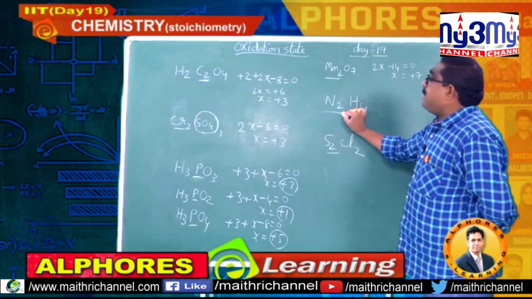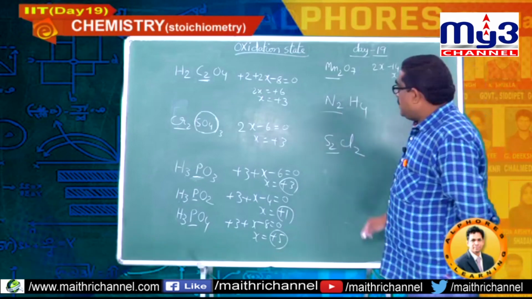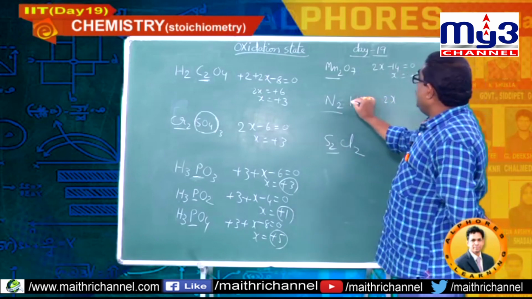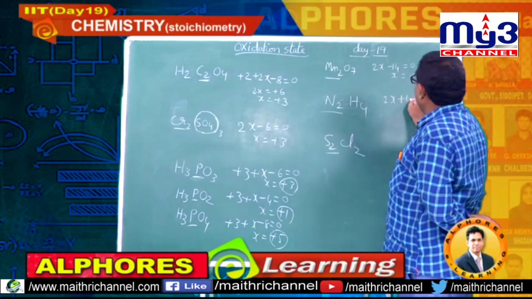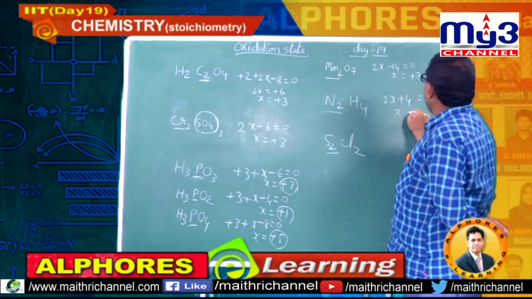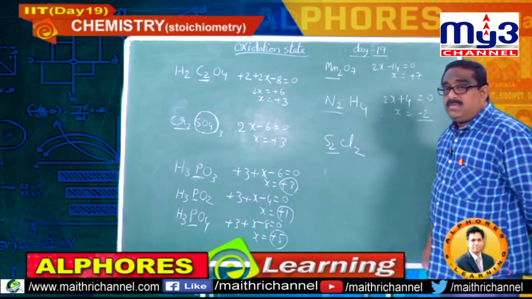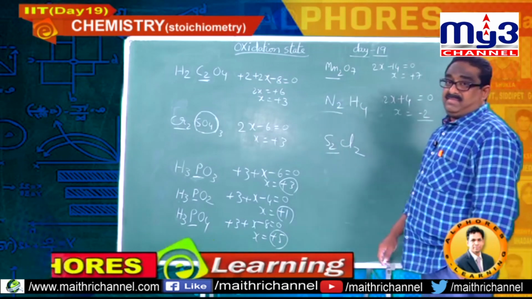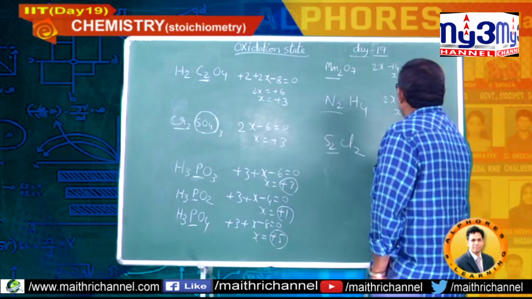So this is a compound called hydrazine. 2 nitrogens are there, 2x, and 4 hydrogens are there. It is a non-metal, so hydrogen +1 you can take. 2x + 4 equals to 0, so x equal to -2 for nitrogen. Here for sulfur, 2 sulfurs.